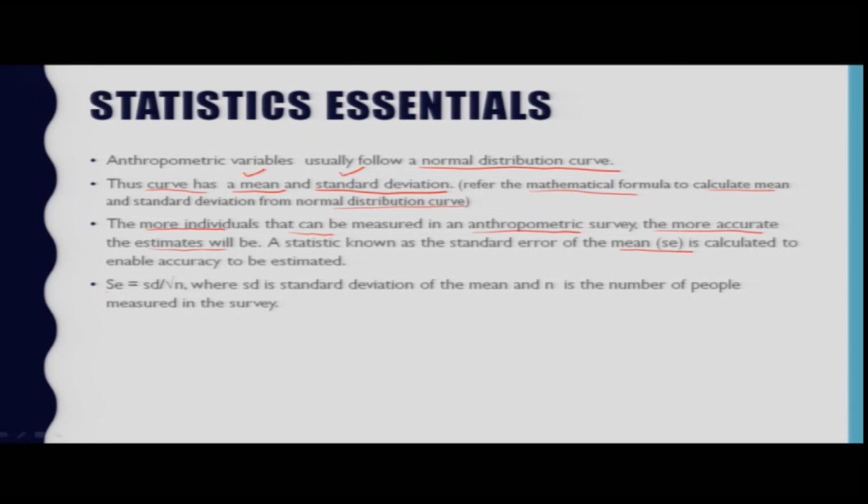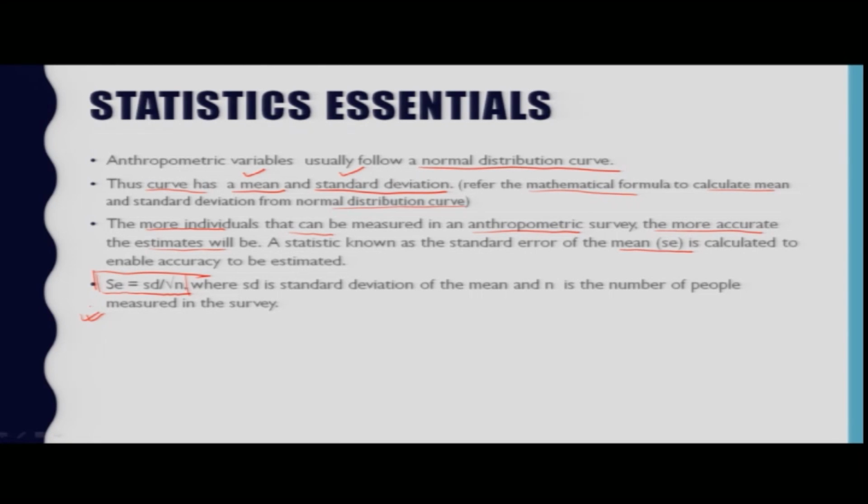The standard error is calculated with this formula, where SD stands for standard deviation and N stands for the number of people measured in the survey. I will explain this standard error and its applications in the forthcoming slides. This is mainly what we will cover in this lecture.